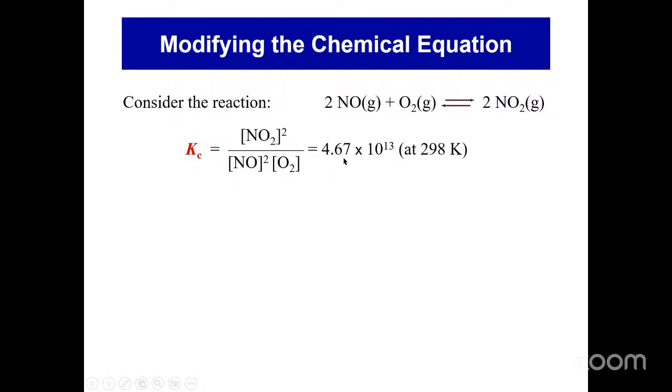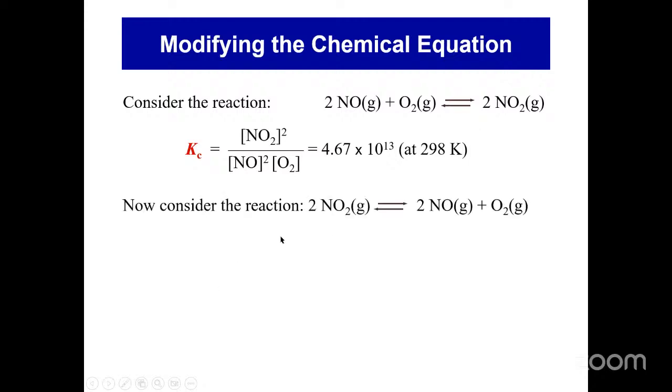And it turns out that this was determined to be equal to 4.67 times 10 to the 13 at 298 Kelvin, and let me just say that usually when people quote Kc values and other K values, usually it's that 298 Kelvin or 25 degrees Celsius, but not always, all right? Okay, so this is the Kc expression for this equation as it is written.